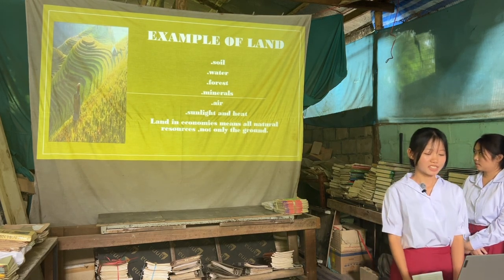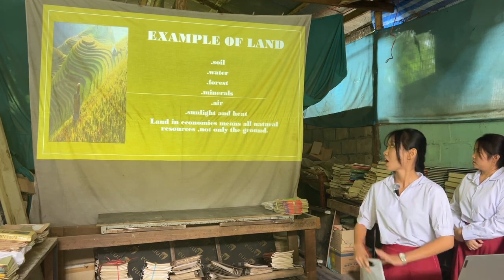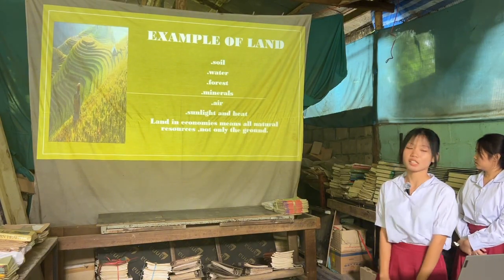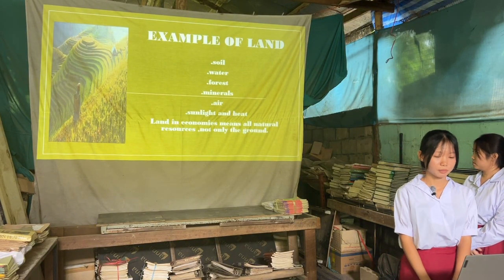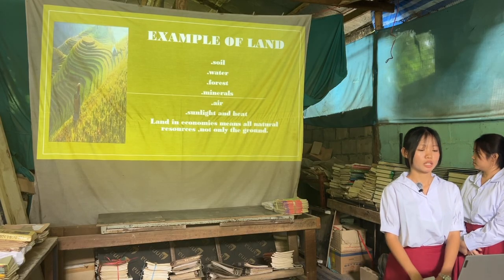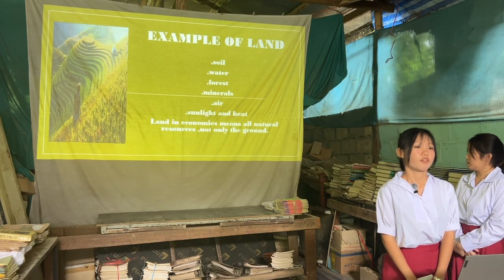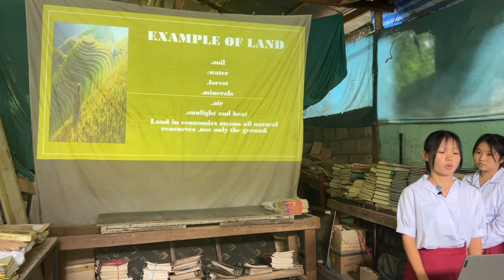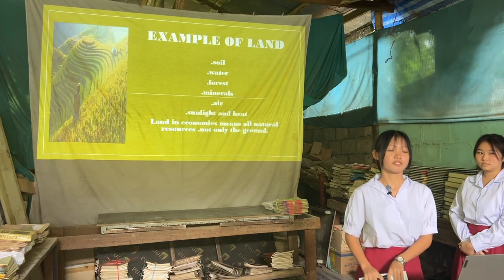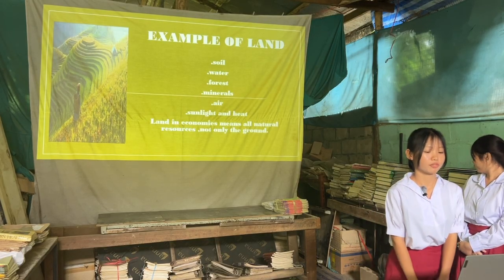Examples of land. There are many examples of land. These include soil, water, forest, minerals, air, sunlight, and heat. For example, soil helps farmers grow crops. Water is used for farming, fishing, and daily life.